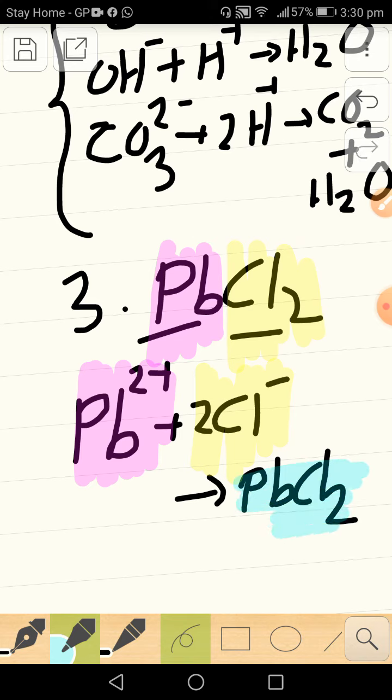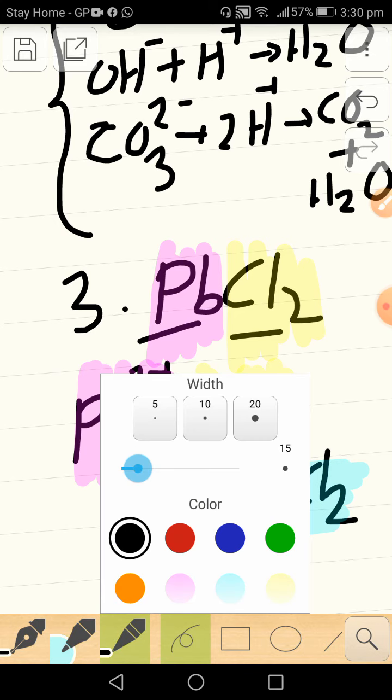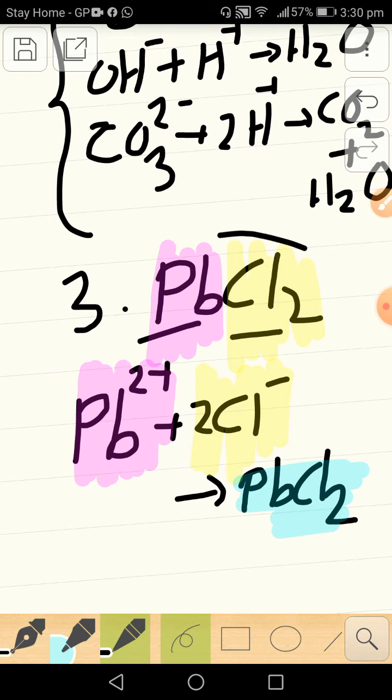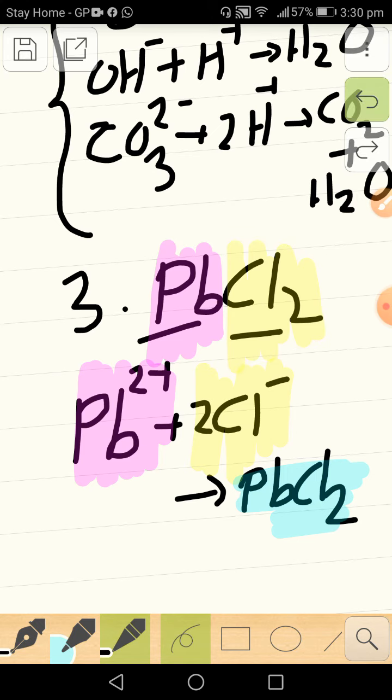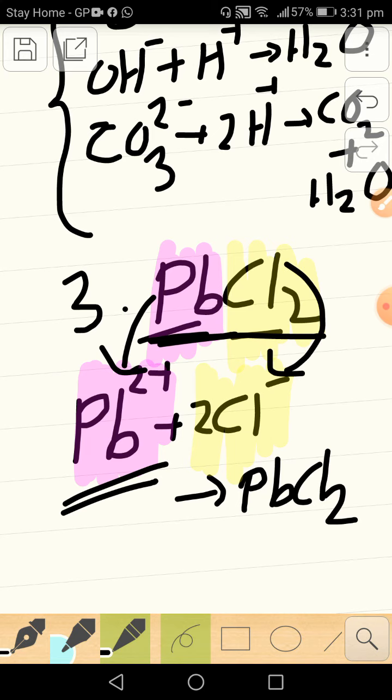Okay, so to write the ionic equation for formation of insoluble salt, just put the substances in the salt as ions. So we have lead chloride, so we have taken the lead ions and the chloride ions.